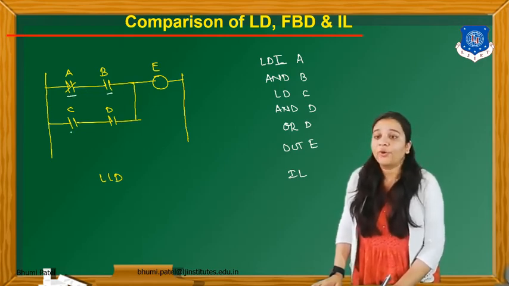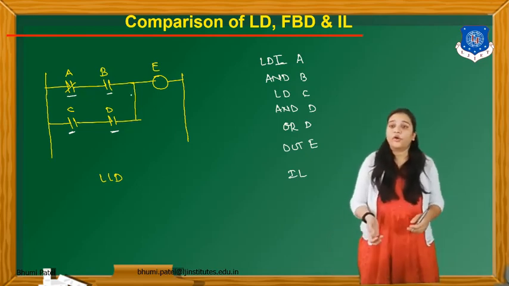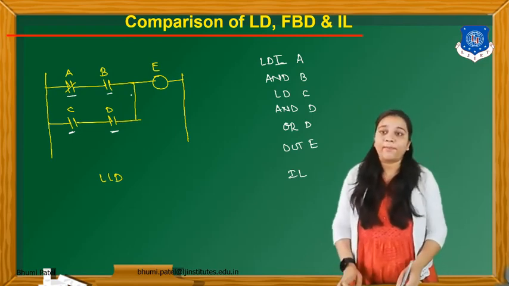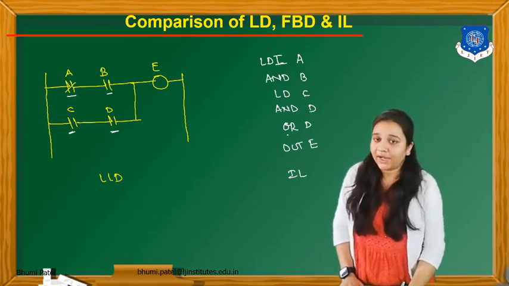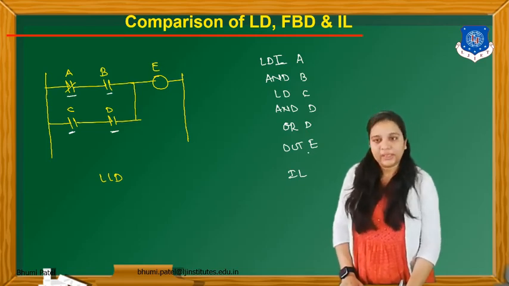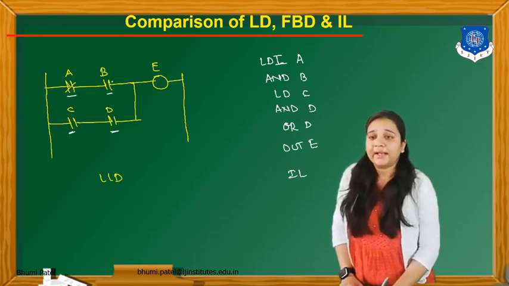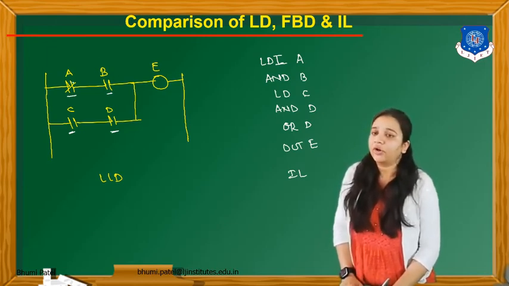Then we have to load the input data C, then AND with D, and then both the logics will be ORed in the OR gate in parallel connection. So we have to write OR and then check the output E. We cannot write LD B because we can directly AND with the A complement.